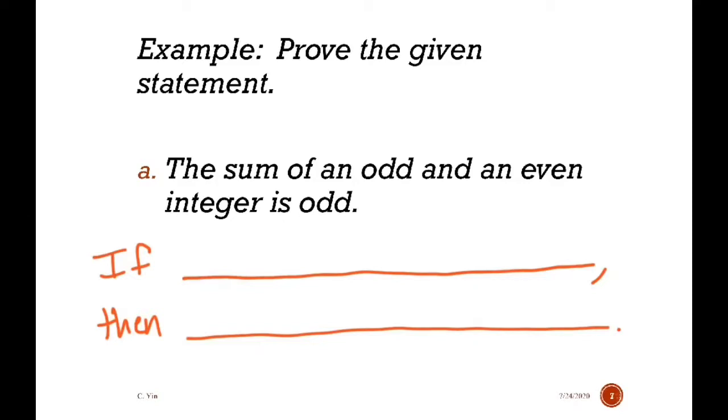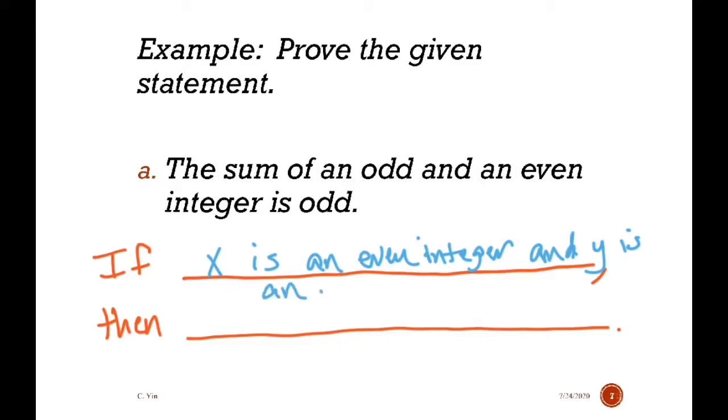What I would probably do here is represent the odd number and the even number by some sort of variable. So maybe we could say something like, if x is an even integer and y is an odd integer, then blank.